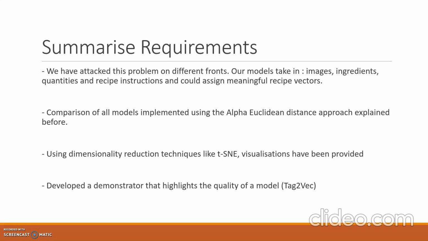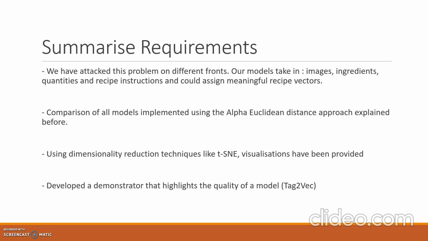To summarize, we've attacked this problem on different fronts. So we've developed different models that take in recipe images, ingredients, quantities, and recipe instructions. And these models would assign meaningful vectors to the recipes that these respective components came from.